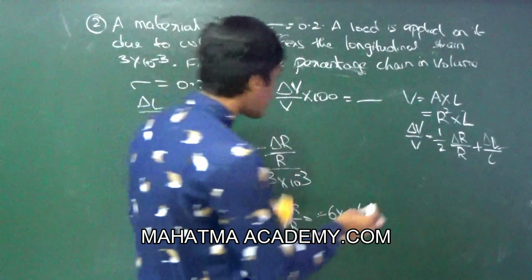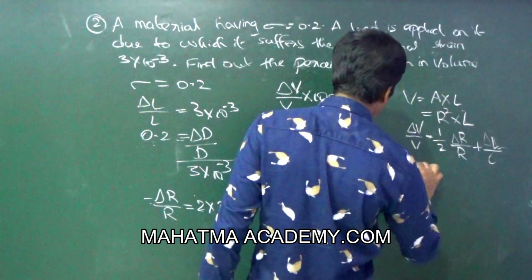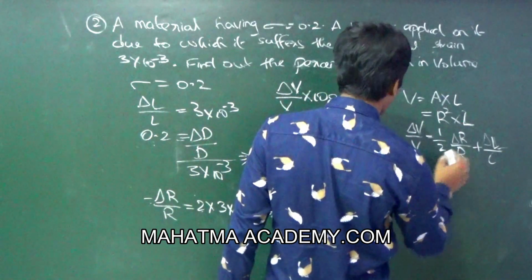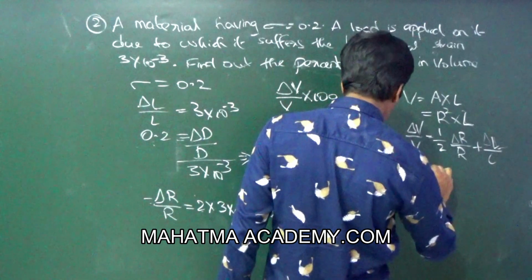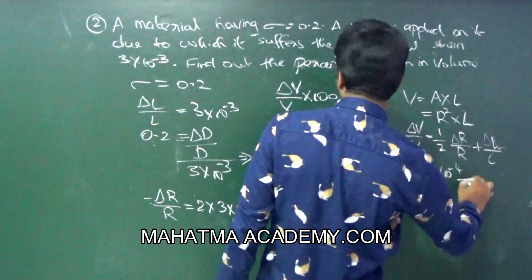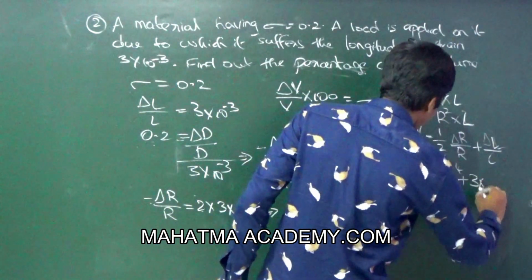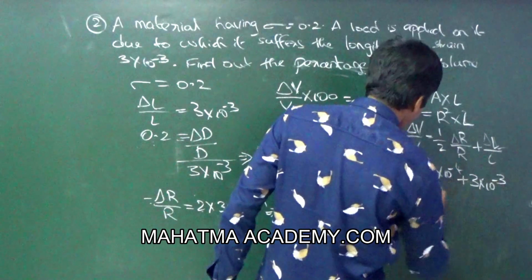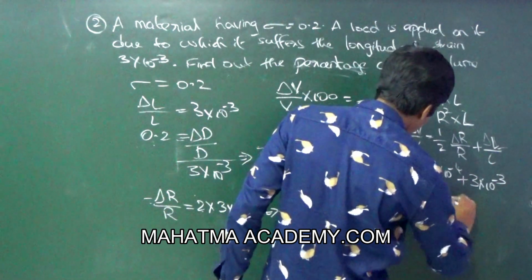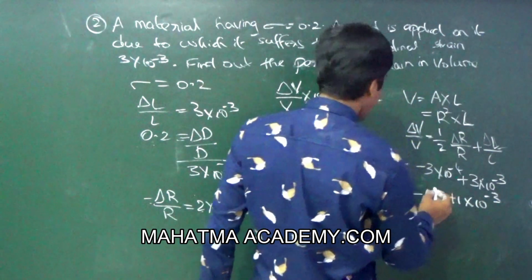Okay, now we will substitute here delta V by V is equal to 1 by 2, so it will become minus 3 into 10 to the power of minus 4 plus 3 into 10 to the power of minus 3. From this we can solve: minus 0.3 plus 3 into 10 to the power of minus 3.